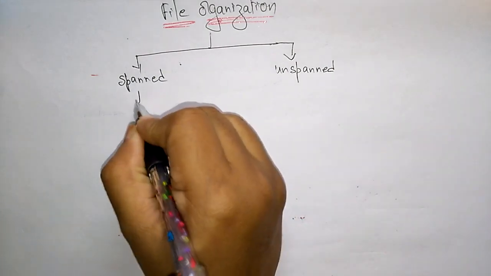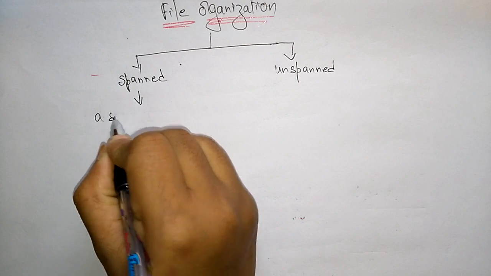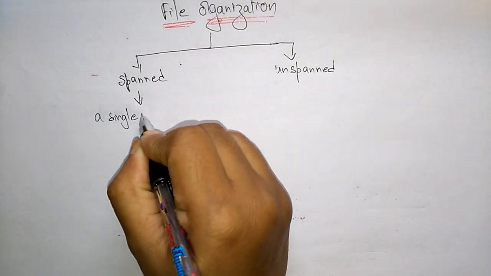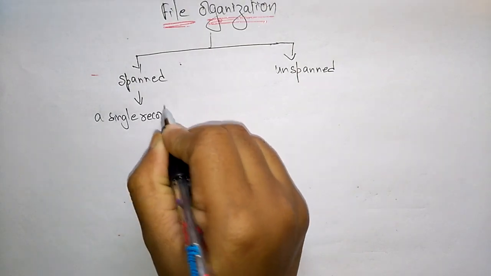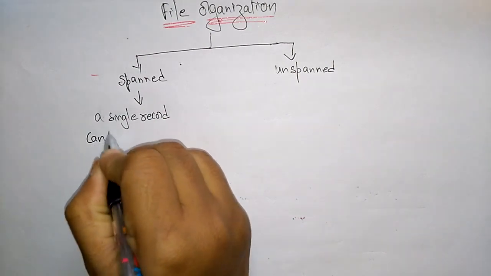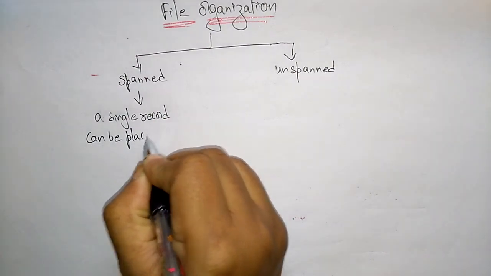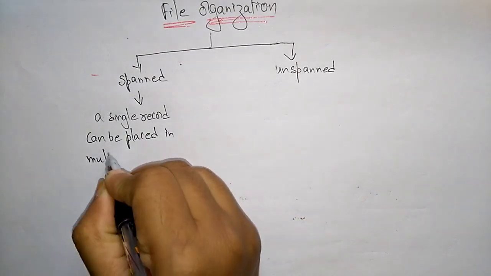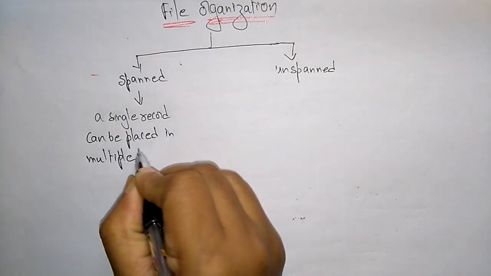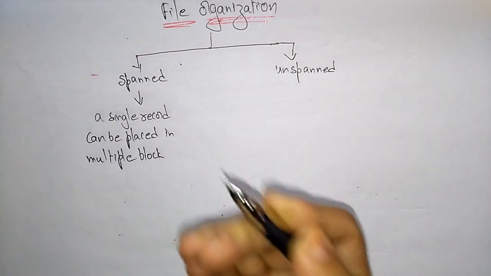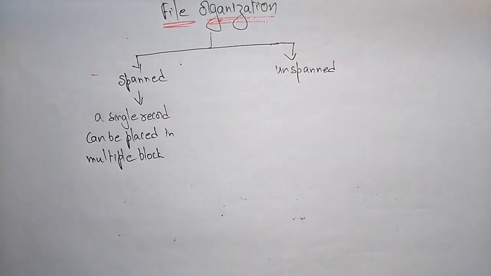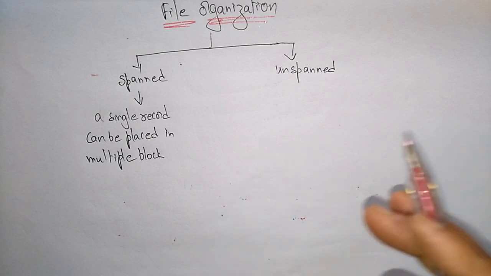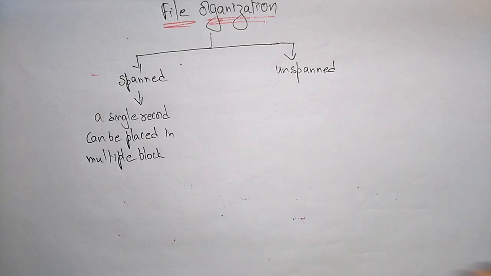Spanned means a single record can be placed in multiple blocks. If you have one record, that record can be placed in one or more blocks. That is what you call a span.